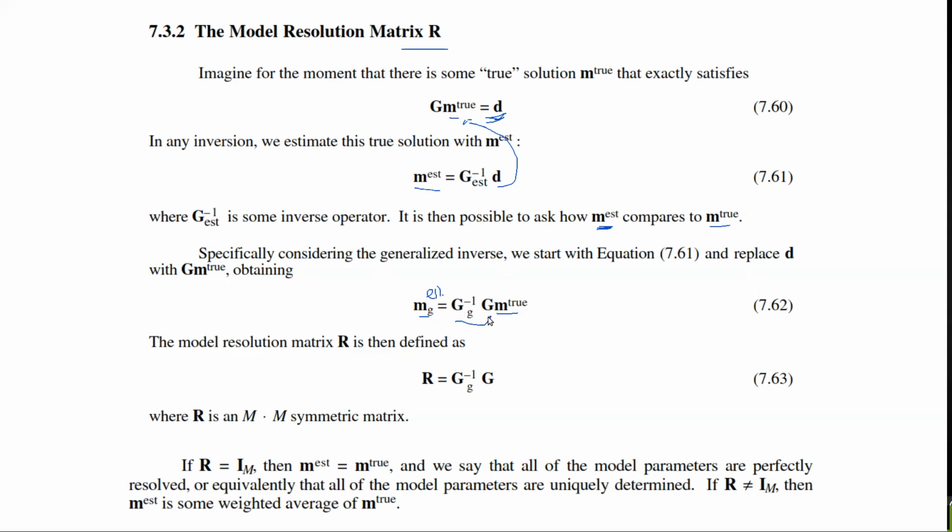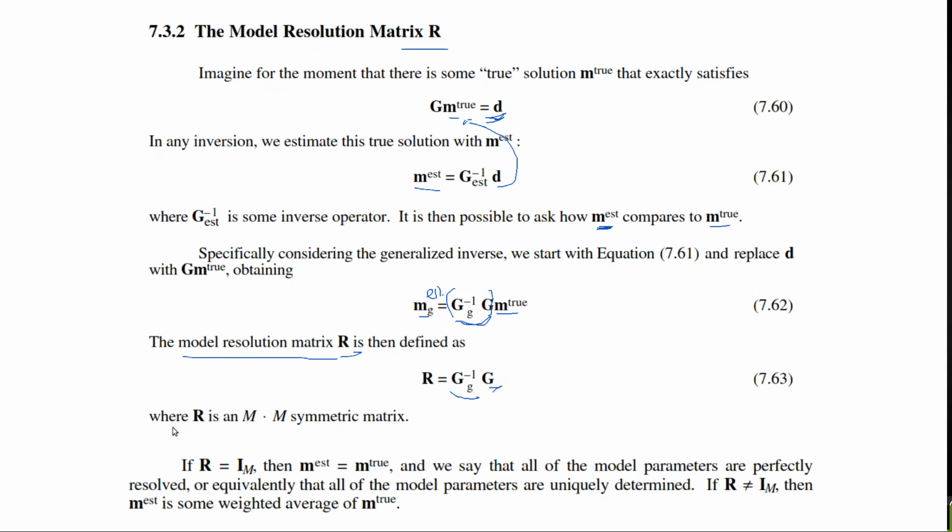So the relationship between the estimated model parameters and the true model parameters comes from this matrix here, G inverse G, and we call this matrix R, which is the model resolution matrix. So it's given by G inverse, which is a generalized inverse from the SVD, and then G itself.